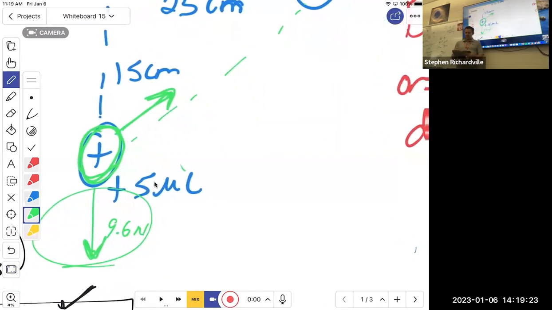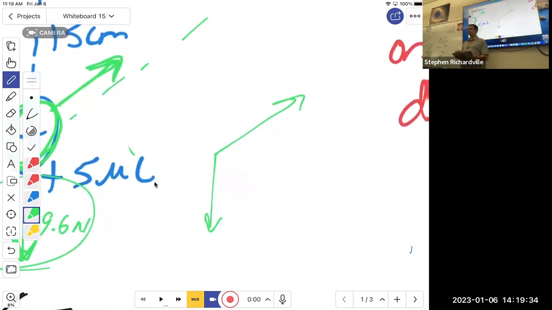Now, what in the world do I do with this force and this force? Can I do Pythagorean theorem? No, they're not at right angles. So enter the real world of hurt for this problem: I've got to somehow break this guy up into horizontal and vertical.